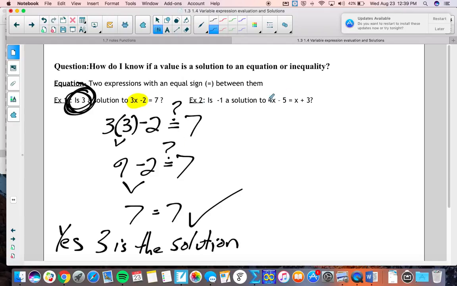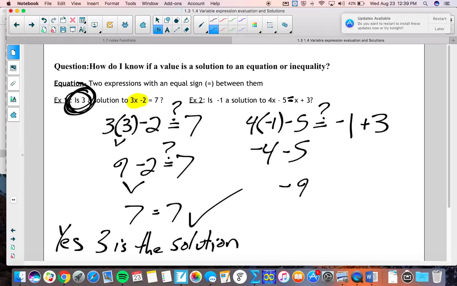Let's try this one over here. Now I'm wondering, when I plug in -1 for x, so it's 4 times -1 minus 5, does that equal x plus 3? Well, wait a minute, remember x is -1, so does it equal -1 plus 3? So now we need to simplify the left and the right side. So we need to multiply first before we subtract. So I'm just going to do the left side first. So the left side I get -4 minus 5, which is -9.